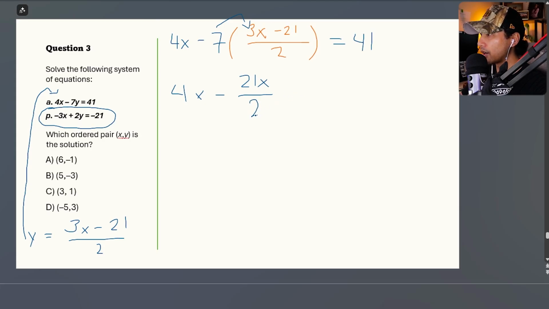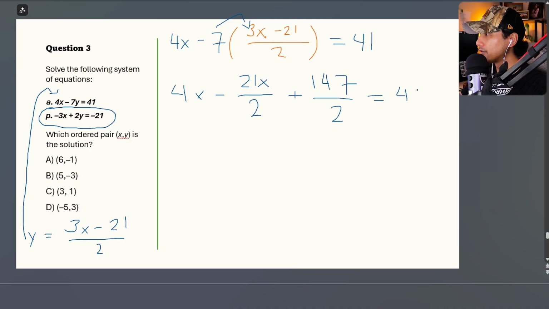So I'm just going to do that. And then here we have negative 7 times negative 21, and that is 147. So we get 147 over 2.